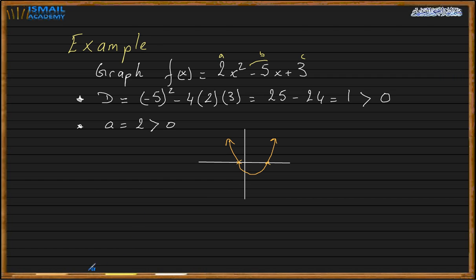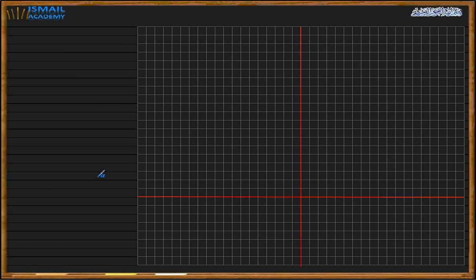So let's now do the graph. f of x is equal to 2x squared minus 5x plus 3.